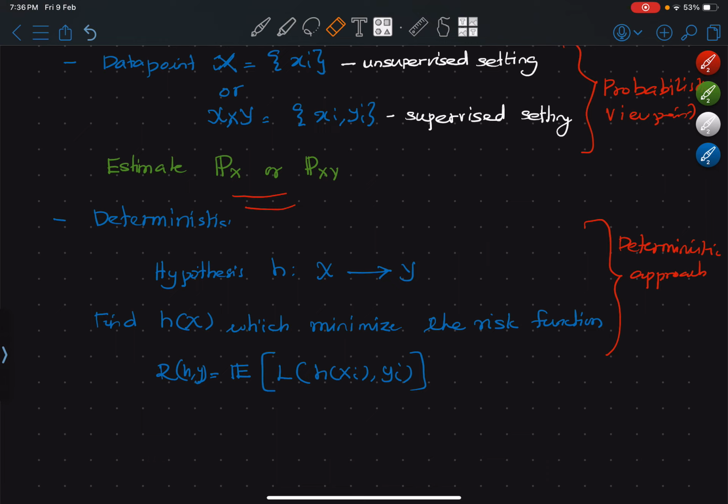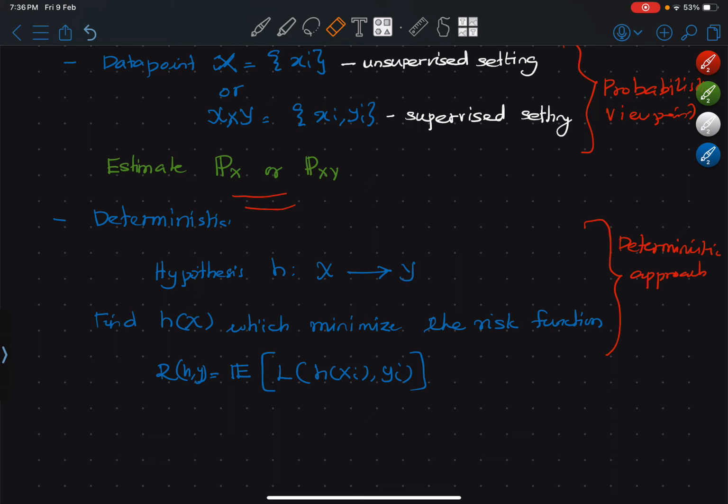We have a loss function, but the loss function is pointwise, so in order to generalize it over the entire set of data points, we find the expectation of the loss function, and we find the hypothesis function which minimizes the expectation of the loss function, which is known as the risk function. So we have to find a hypothesis which minimizes the risk function. This is the deterministic approach.